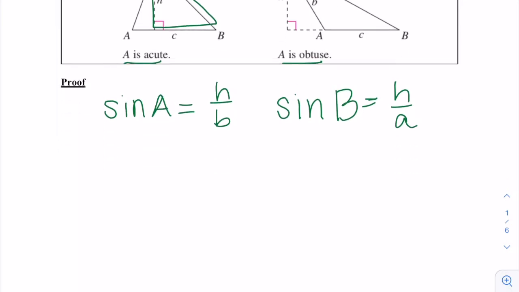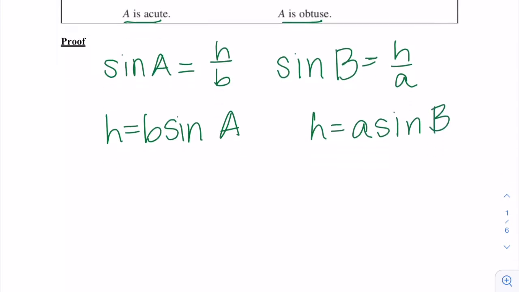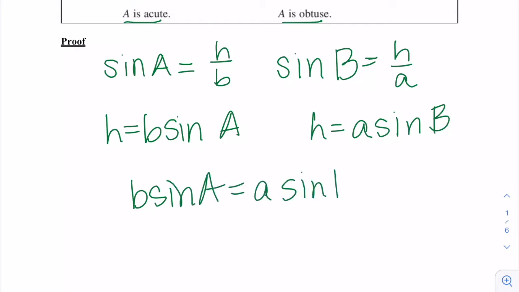We can solve for H and say H equals B times sine of A, and H equals A times sine of B. Using the transitive property, we can set those equal to each other. So B times sine of A will equal A times sine of B.